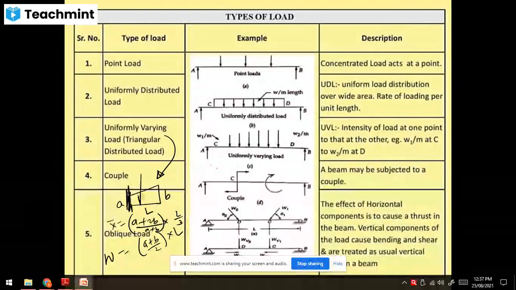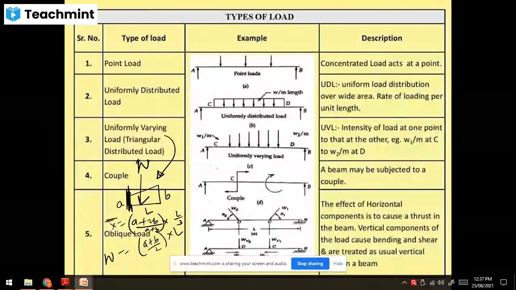So we have to convert the trapezoidal loading or triangular loading into equivalent point load, and it will act at a certain distance. Then it is easy for all of you, because for point load you can easily find the shear force and the bending moment. Whenever a triangular or trapezoidal loading is given, you have to convert it into point load, and that will act at a certain distance.